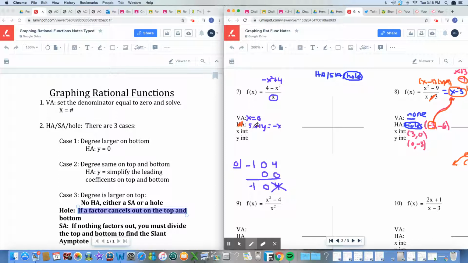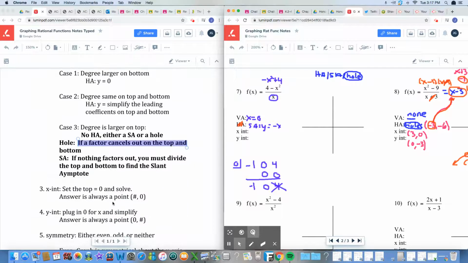All right. So now, once we've done that, we continue to do what we've done before. We have our x-intercept, which means we set the top equal to 0. Setting the top equal to 0, 4 minus x squared is 0, so 4 equals x squared. Take the square root of both sides and you get plus or minus 2, which means the x-intercepts are (plus or minus 2, 0).